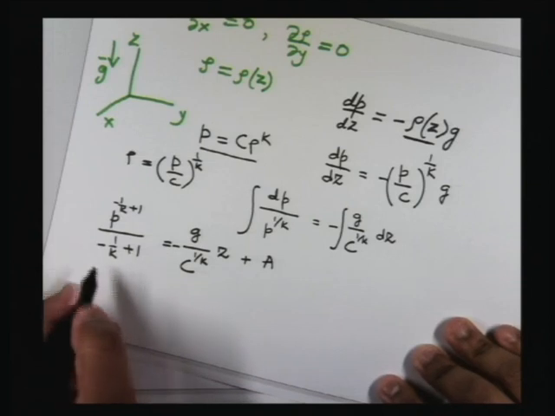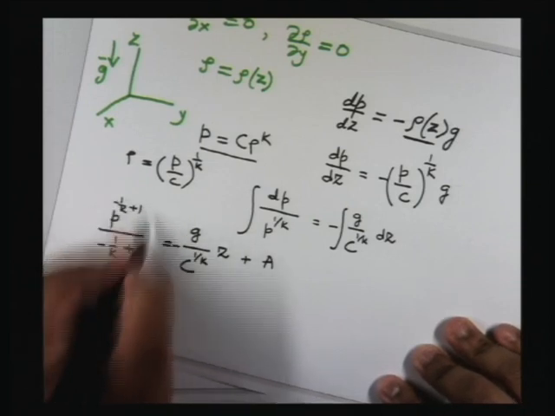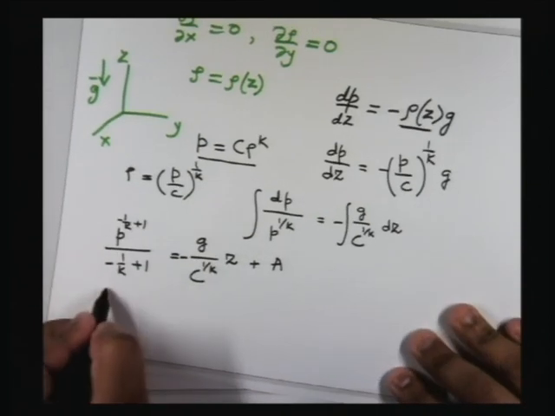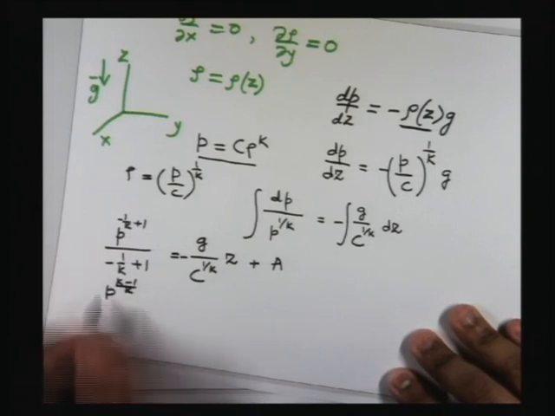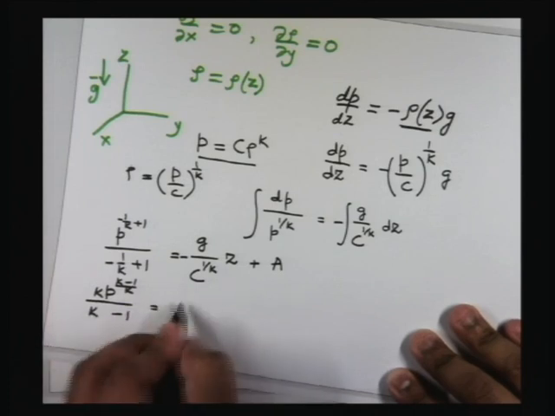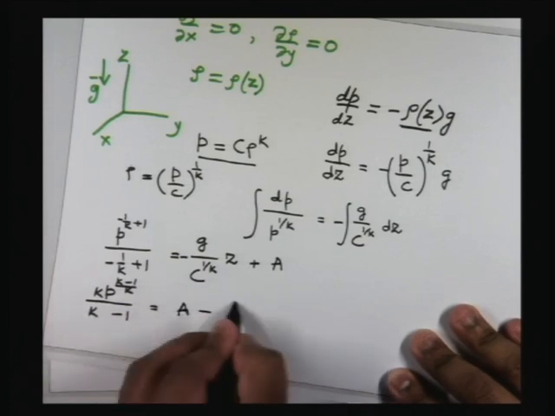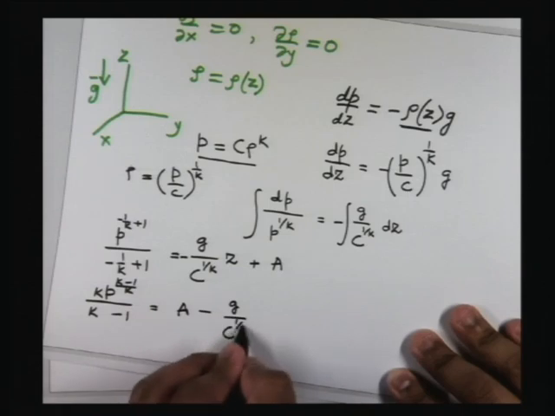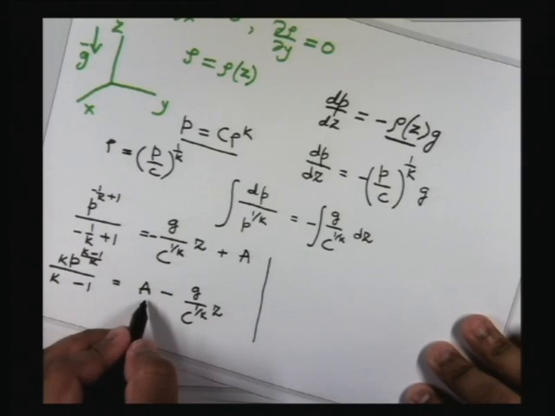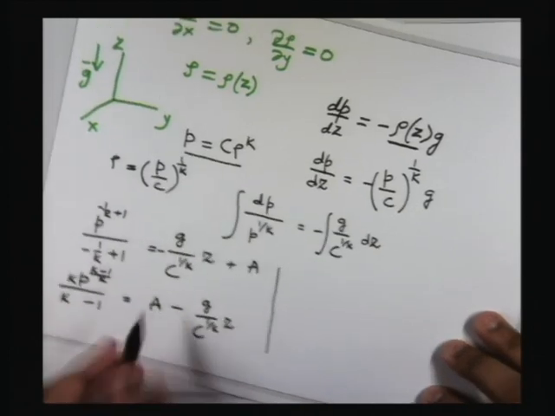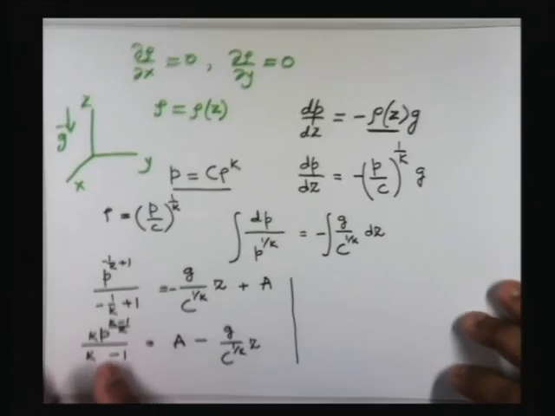So the left hand side we can simplify as P to the power k minus 1 by k, which reads like this, equal to A minus g by C to the power 1 by k into z. Now we need to determine this constant A here. This constant we can find out from some kind of boundary condition.